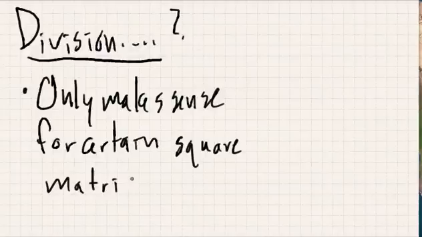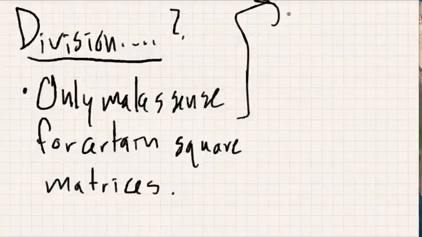In fact, it makes sense for most square matrices, but they have to be square. There's no way that you could have non-square matrices where it really makes sense to divide. But this is the topic of section 4.5.